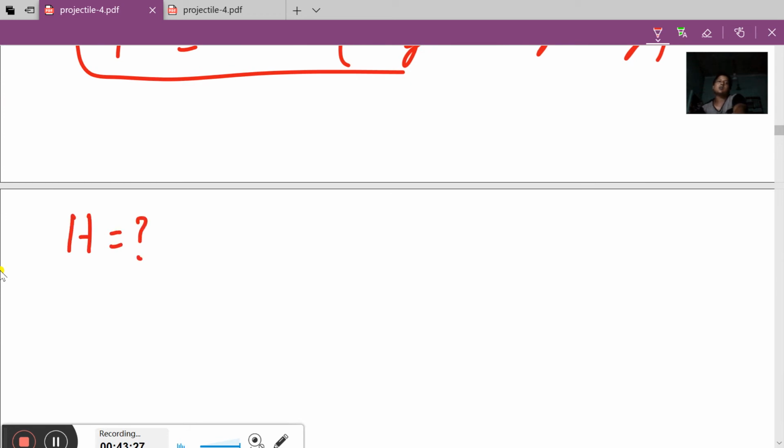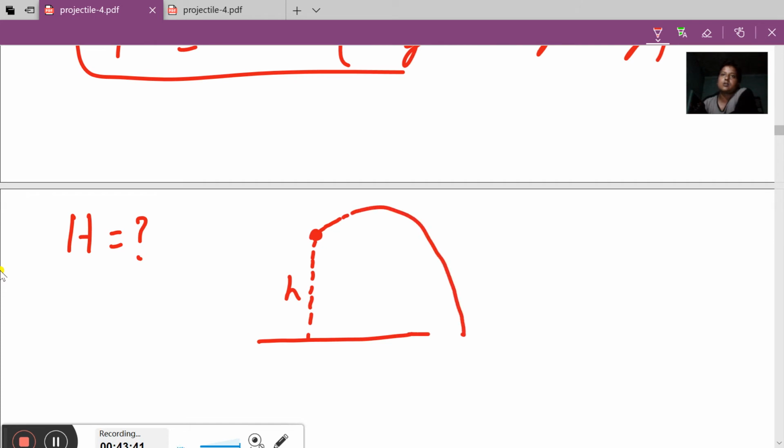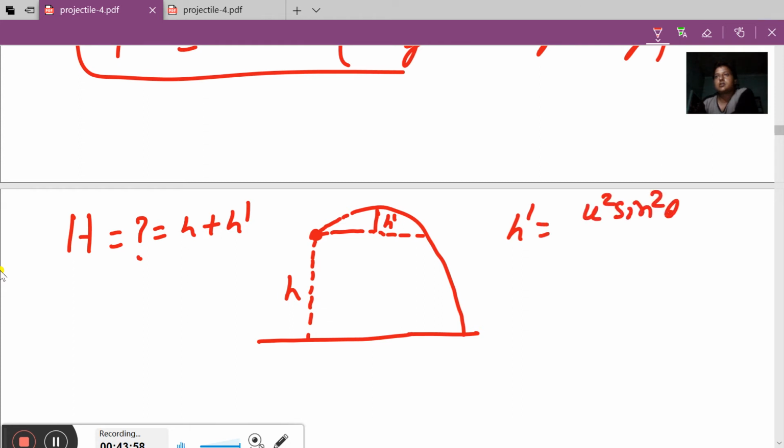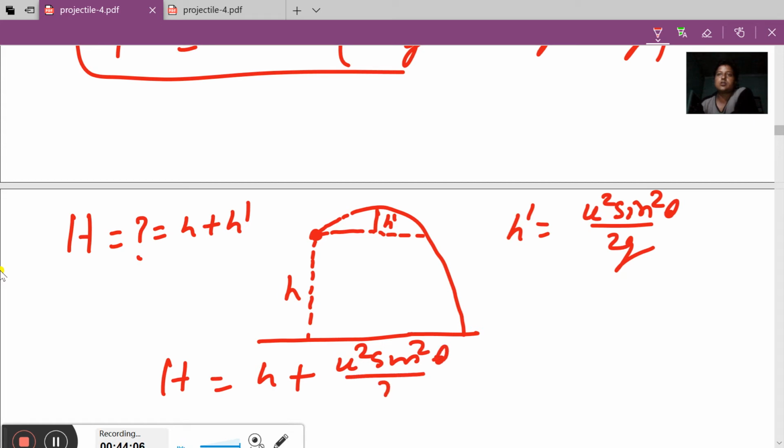The greatest height is this height given h, and the projectile goes like this. If this height is h dash, the greatest height is h plus h dash. What is h dash? h dash is u square sin square theta over 2g. So the greatest height is h plus u square sin square theta over 2g.